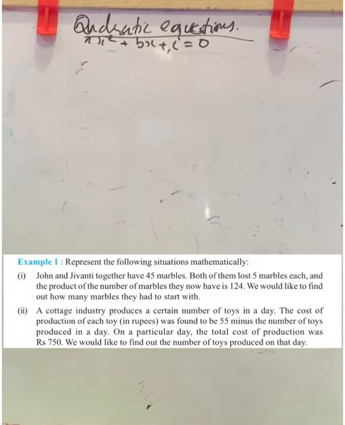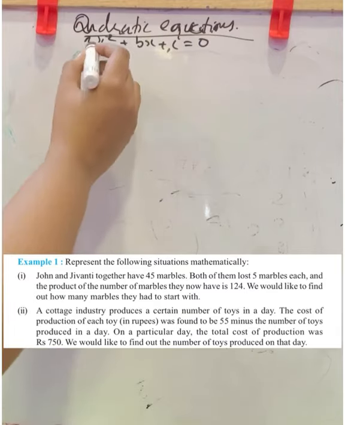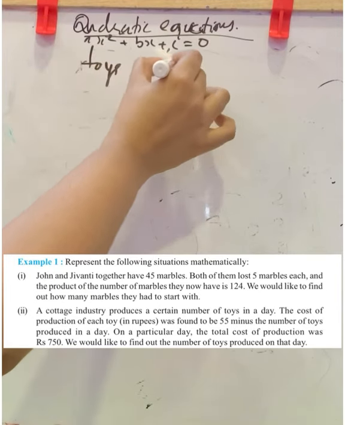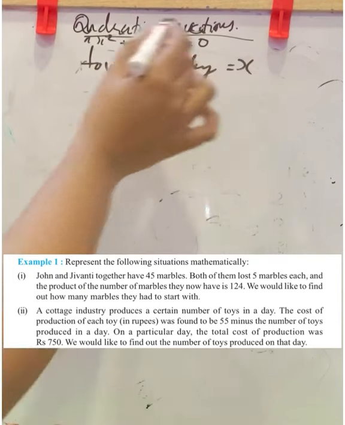Next question. A cottage industry produces a certain number of toys in a day. The cost of production of each toy was found to be 55 minus the number of toys produced in a day. On a particular day, the total cost of production was 750. We would like to find out the number of toys produced on that day. So we take the number of toys produced in a day equal to x.